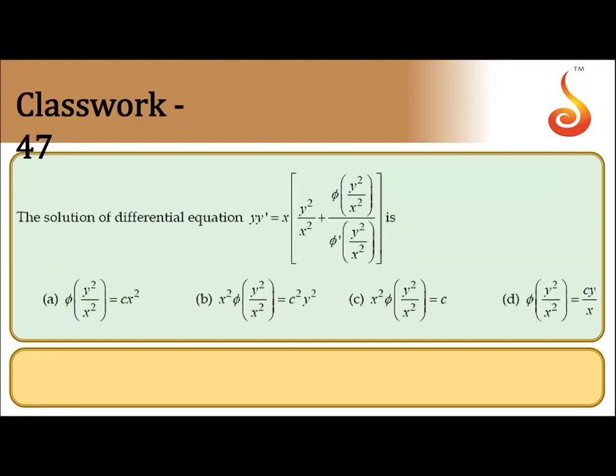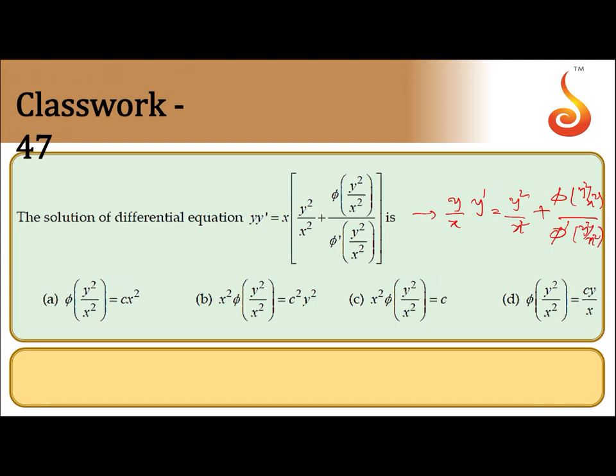Coming to the next one, the solution of the differential equation. It will be easy if you rewrite it as (y by x) multiplied by y dash equals y square by x square plus phi of (y square by x square) divided by phi dash of (y square by x square).